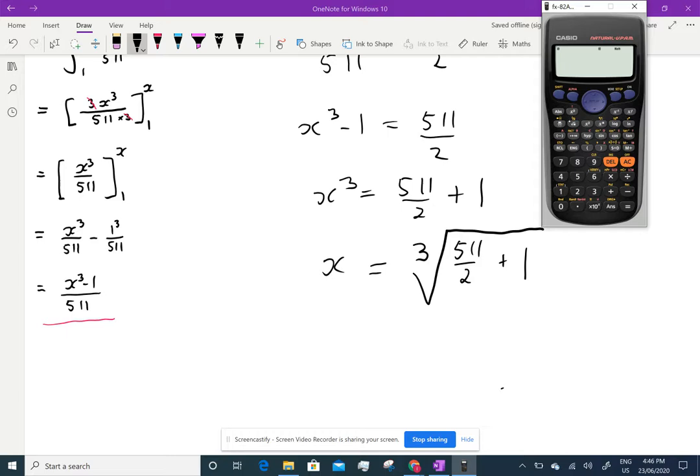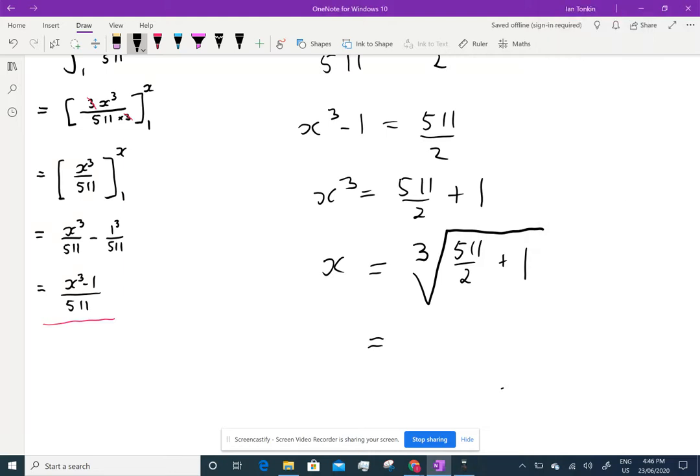I want the cube root of 511 on 2 plus 1. And make sure that the 1 is under the root. Now, 6.35, because it's continuous data, 6.35.